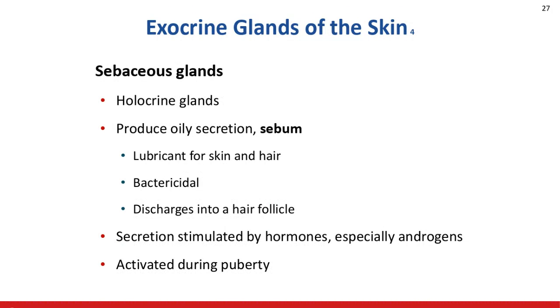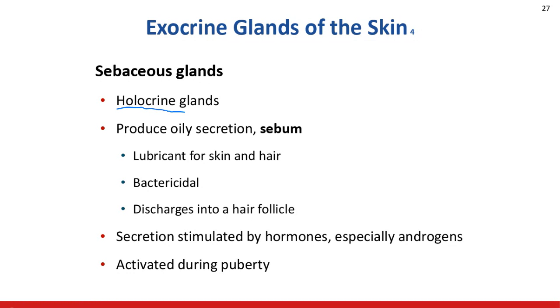All right, the last type of gland here for the skin is the sebaceous glands. These are the self-destruction glands, the holocrine glands. The cells in these glands explode, and when they explode, everything inside of that cell, including the secretions, is excreted out of the gland.